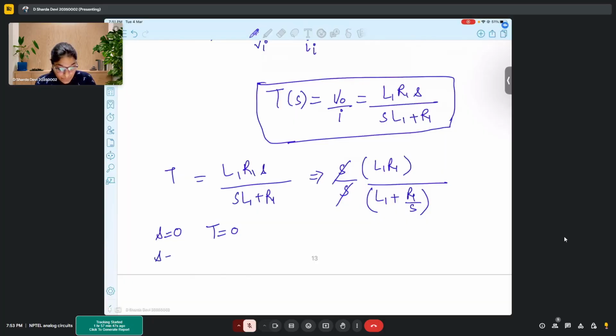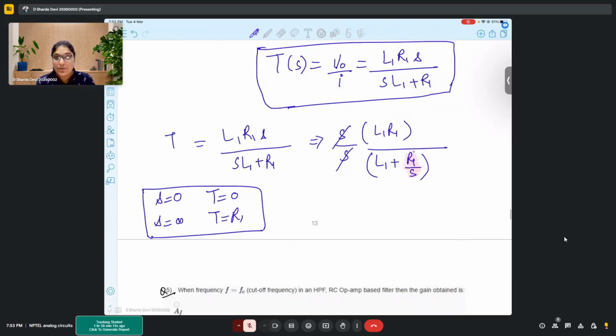But now, when you put S equal to infinity, this particular term will go to 0, but the remaining term will remain as it is and the transfer function value will become R1. From this analysis also you can see for S equal to 0 the transfer function is 0, and for S equal to infinity the transfer function gives you a certain value which is greater than 0.